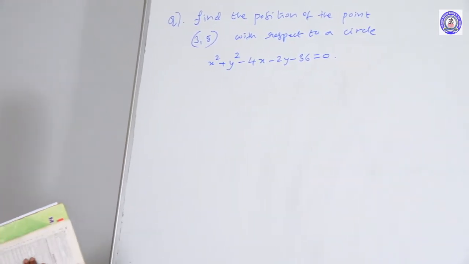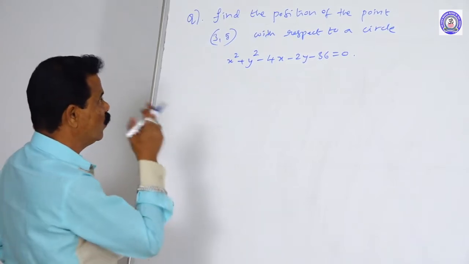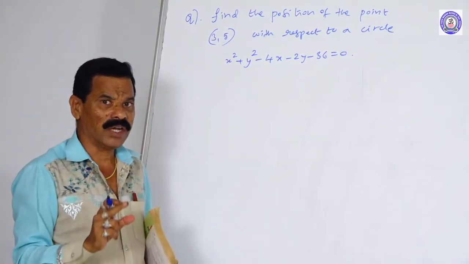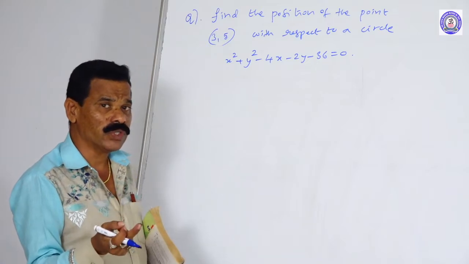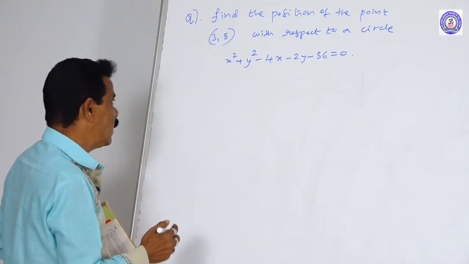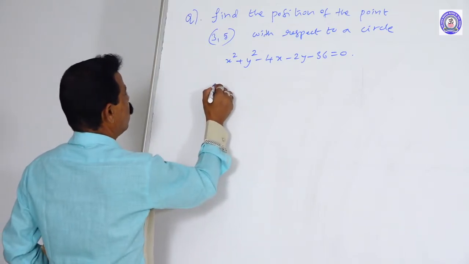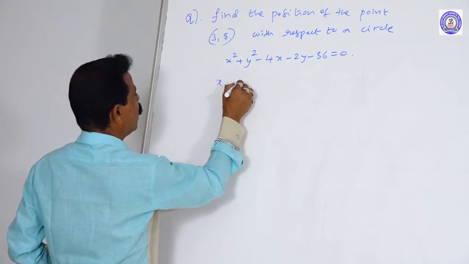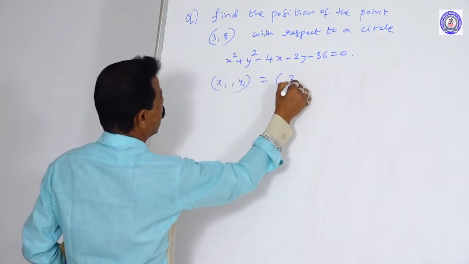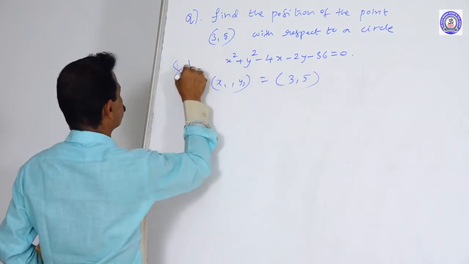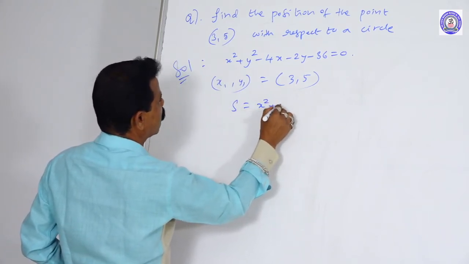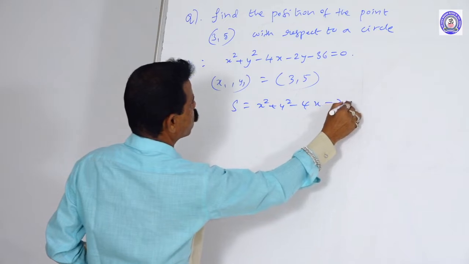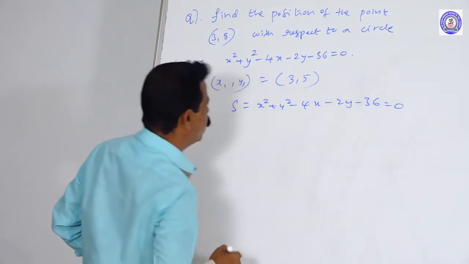One point is given, one circle is given. So we check whether S11 is greater than 0, less than 0, or equal to 0. So we find S11. Here x1, y1 is the point (3, 5), and S is x square plus y square minus 4x minus 2y minus 36.